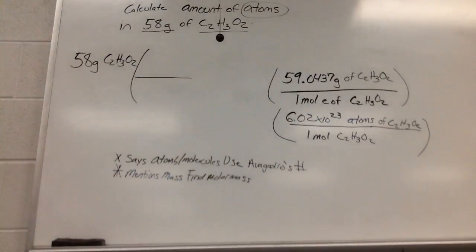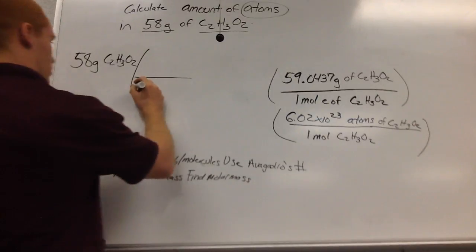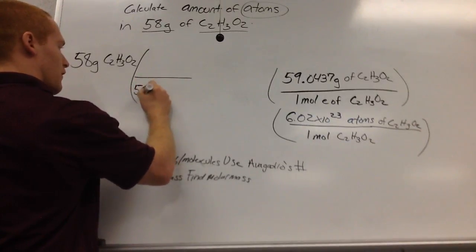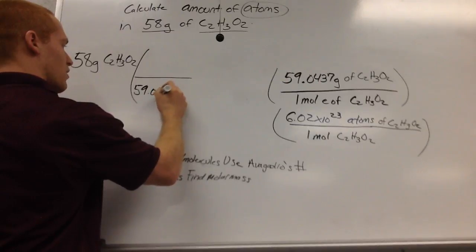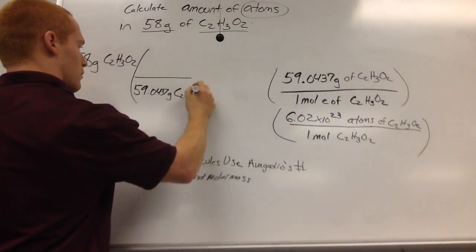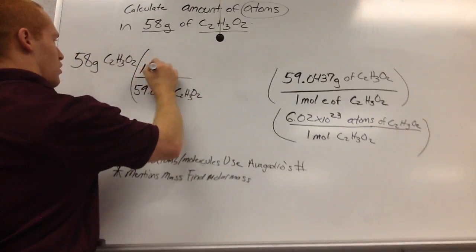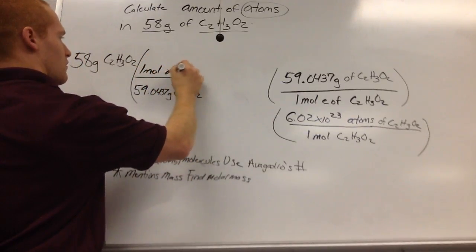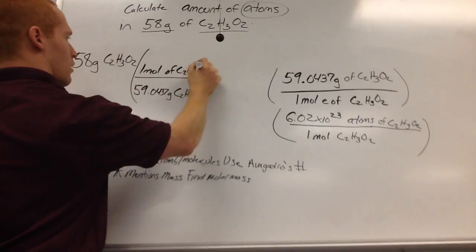You can also call it the inverse, which is a fancy word for flipping. So 59.0437 grams of acetate, and then on top I'm going to use 1 mole of C2H3O2.